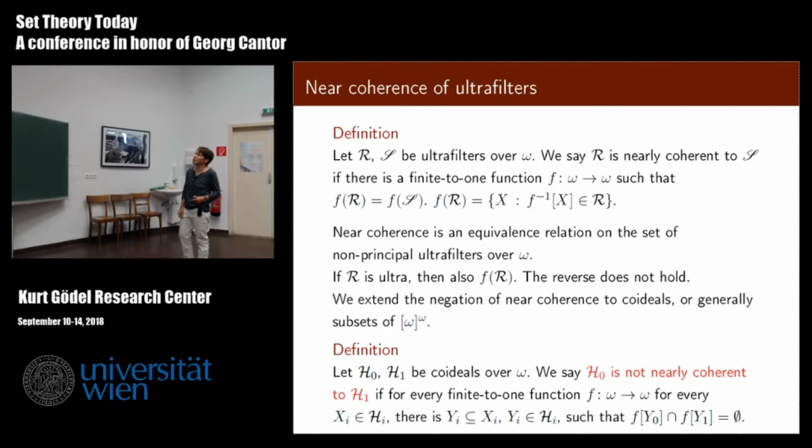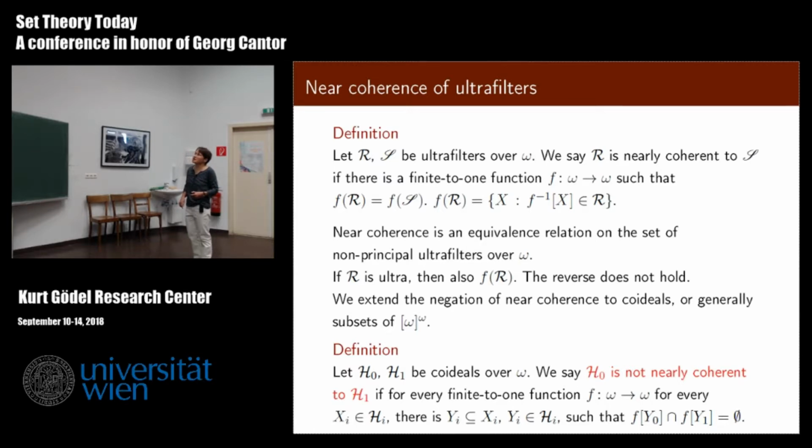We do it now for co-ideals, and here is the negation of this definition in a slightly generalized context. We now have families of infinite subsets of omega, closed upwards under supersets, which would be enough, but you can also have a co-ideal. Does everybody know what a co-ideal is? That is the right thing for doing combinatorics here.